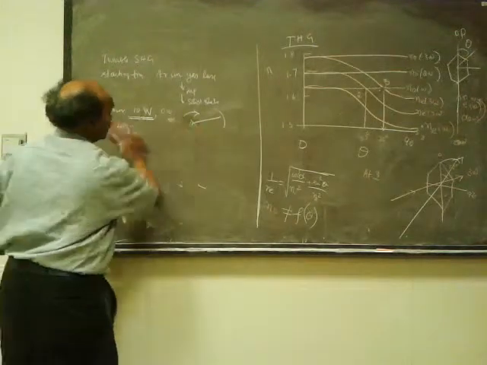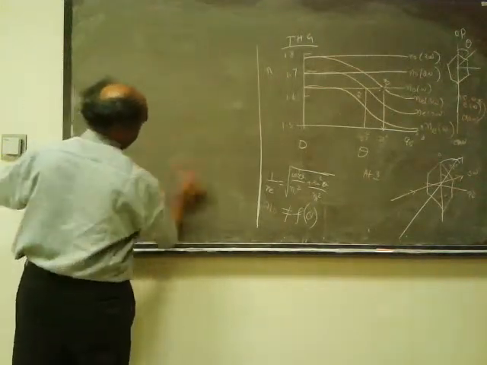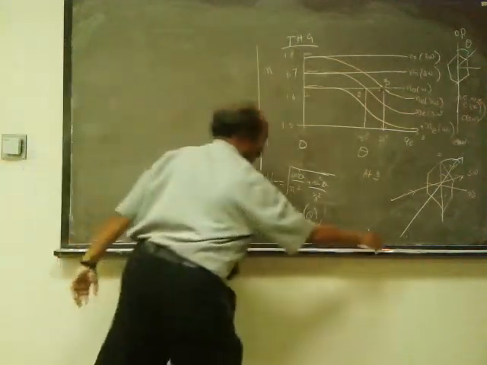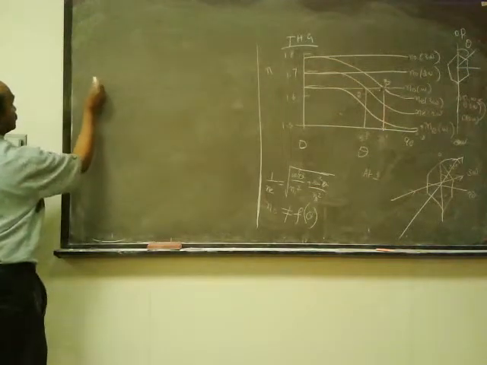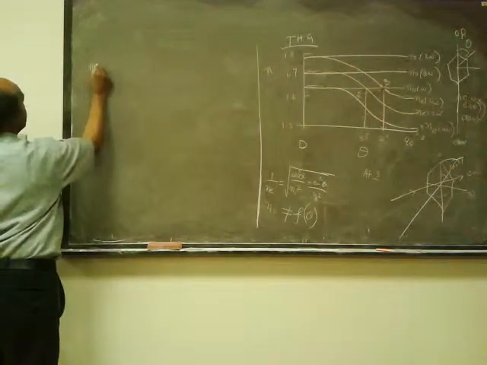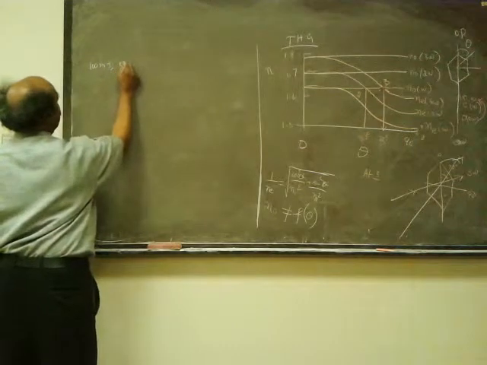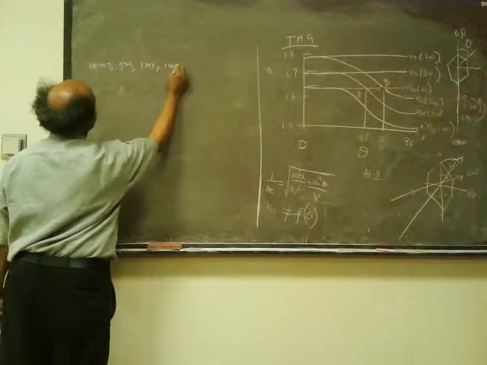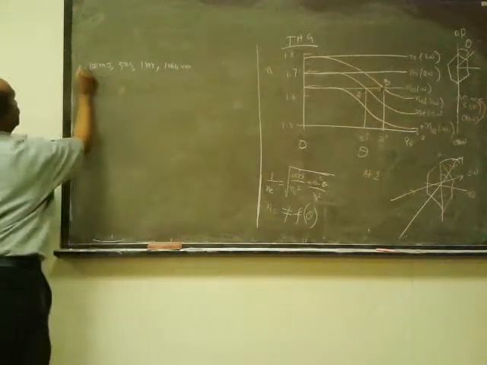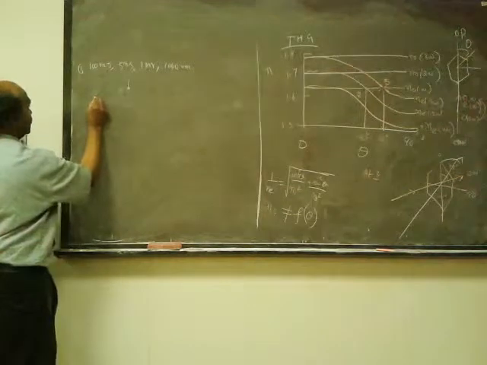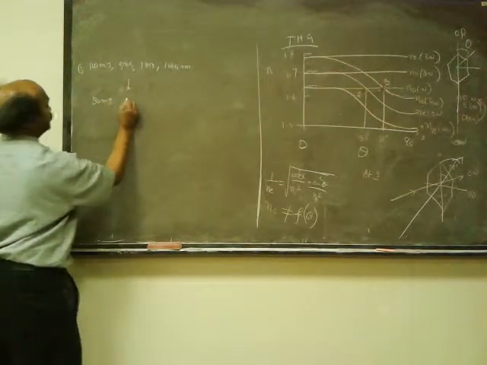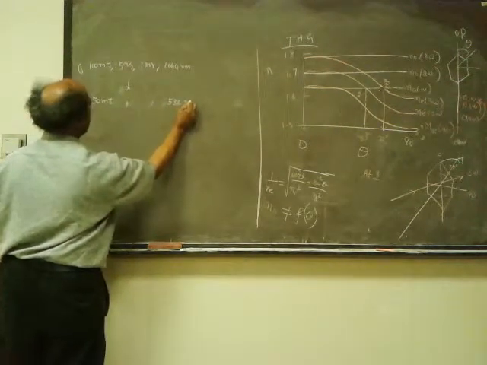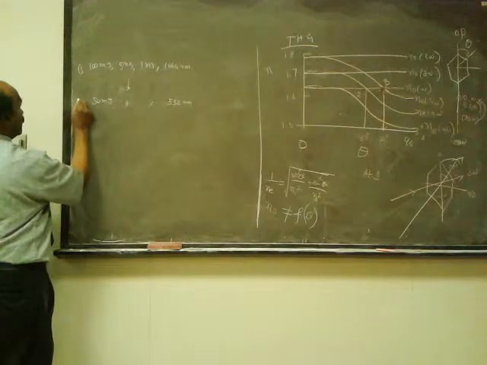Okay, under this condition, look at this one. I start with 100 millijoule, 5 nanosecond, 1 milliradian, 1064 nanometer. I get maximum 50 millijoule, same, only thing is 532 nanometer. This is second harmonic.